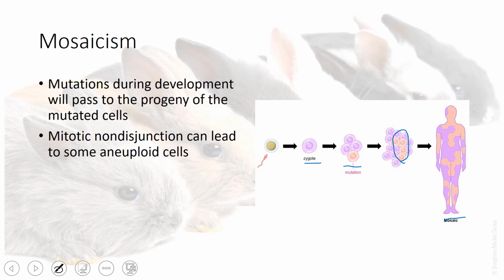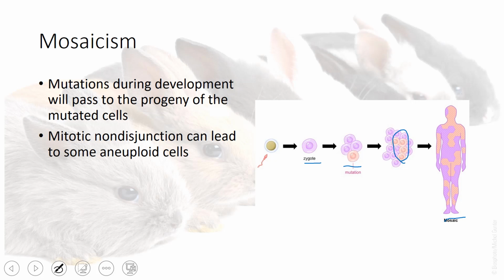Either way, those are oftentimes devastating for the zygote. In mitotic nondisjunction, we basically accomplish the same thing in creating one cell. During a nondisjunction, one cell would get both sister chromatids for the paternal chromosome 1, let's say.